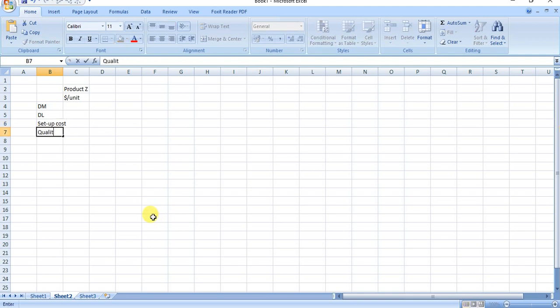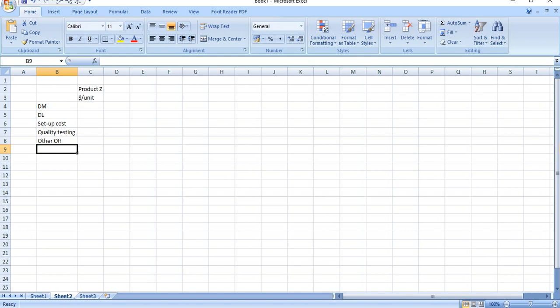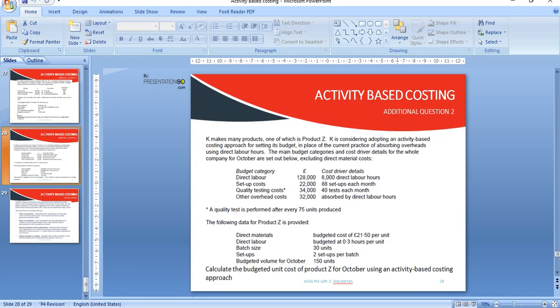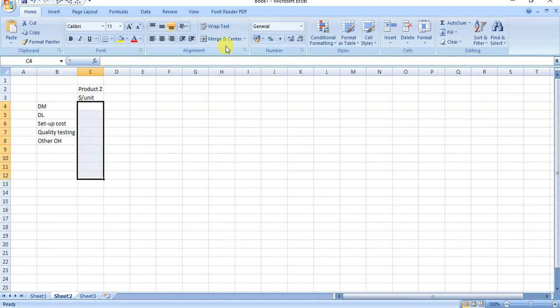Material and labor, we can fill it directly. How much is the material? 21.5. Labor 0.3 hours. We need to get the rate. First we'll fill material 21.5.